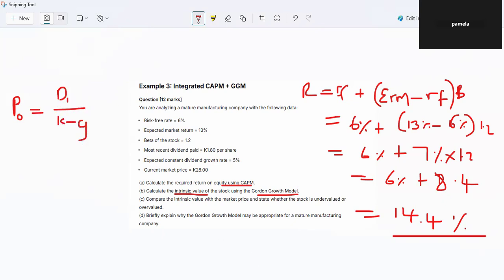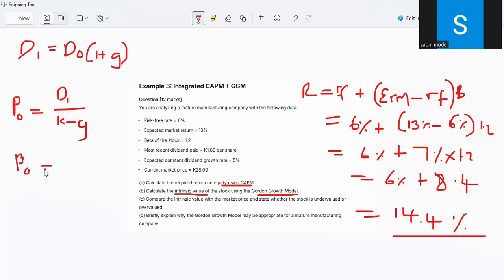So P0 is equal to D0 times 1 plus growth over Ke minus g.